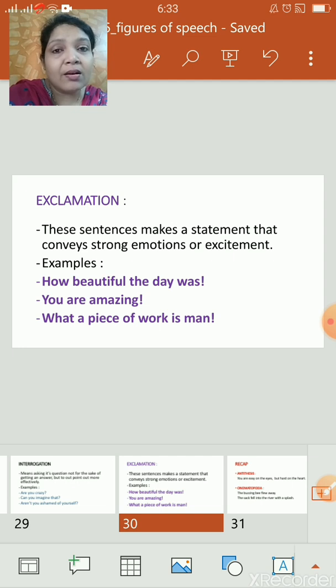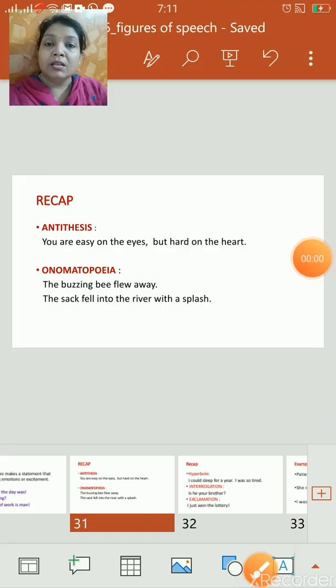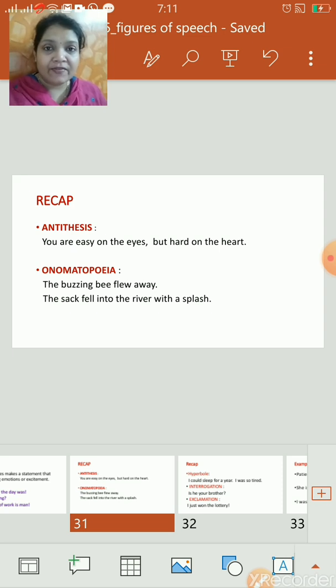So please make sure that you make note of whatever revision we are going to do right now, so that it can help you understand and identify these figures of speech. All right, so just wait a minute and we will start with the entire recap of all the 10 figures of speech. Now, students, let us go through a quick recap of whatever we have done, including all the 5 topics that we have covered in part 2.